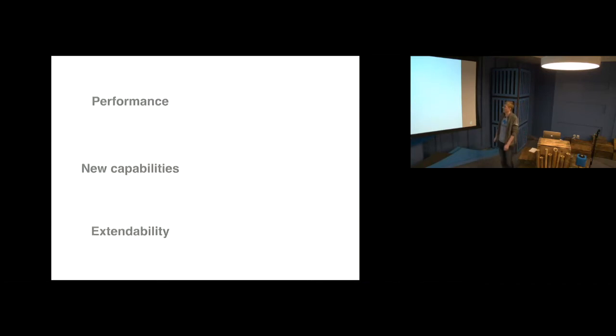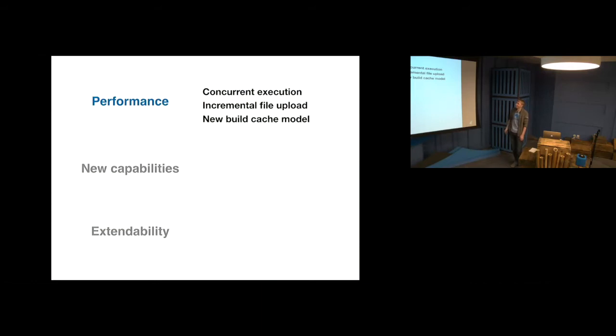So let's quickly cover why Buildkit is better than what you might be using at the moment with Docker build and Dockerfiles. The first one is improvements around performance. Performance, of course, is very important for a build tool. You don't want to watch while your code is compiling.